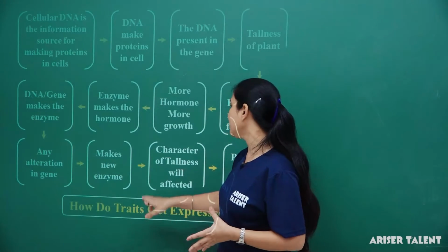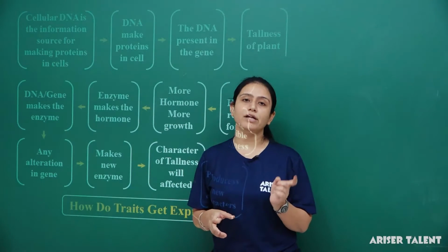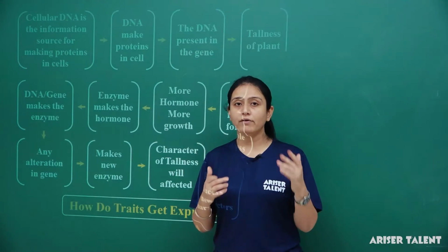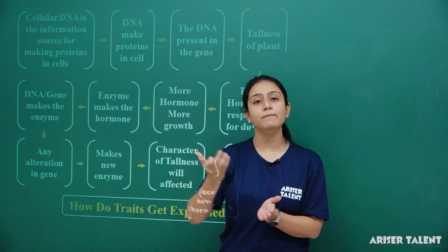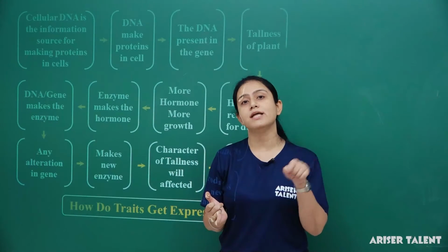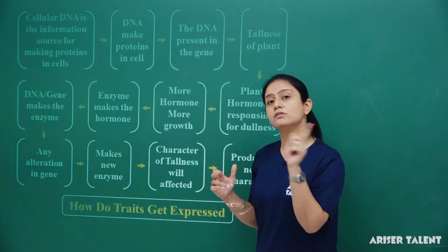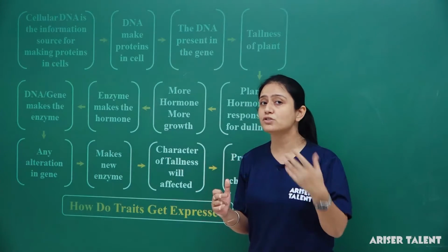In that case, the character of tallness will be affected. When I told you about monohybrid or dihybrid cross, in the F1 generation all the plants were tall, because tallness was dominant.